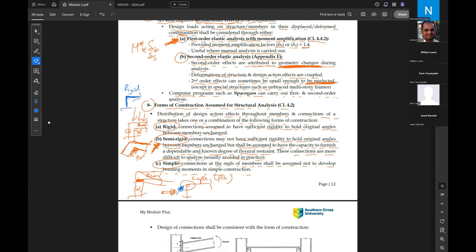The semi-rigid is something between simple and rigid. So it doesn't hold 100%, or doesn't allow each member to behave separately 100%.